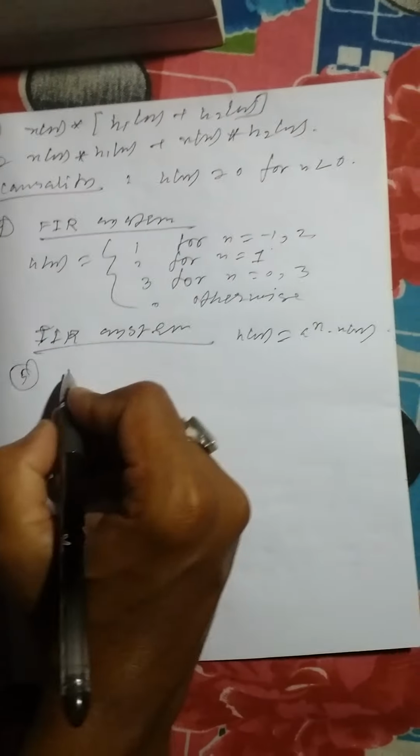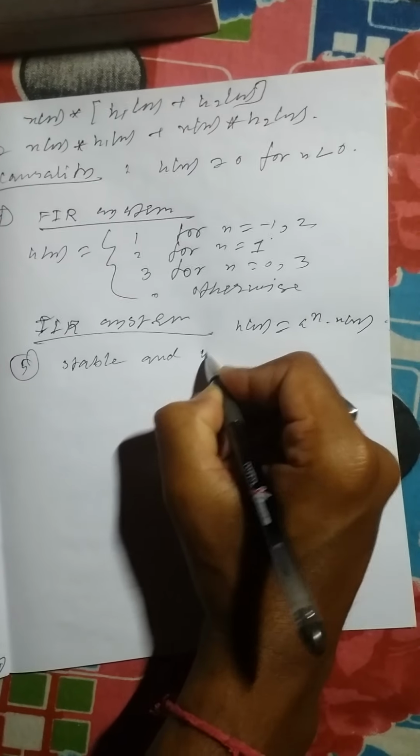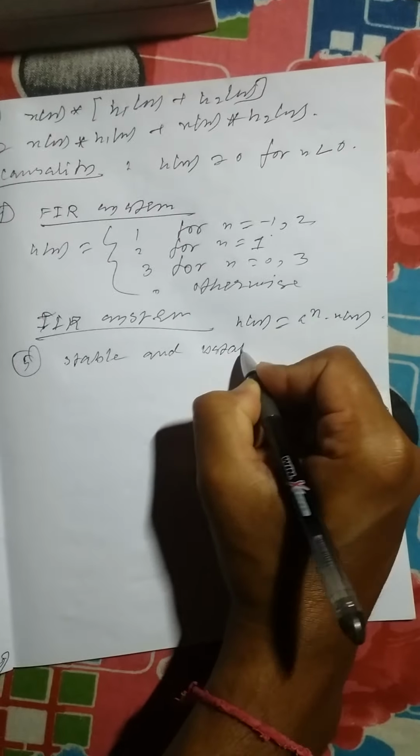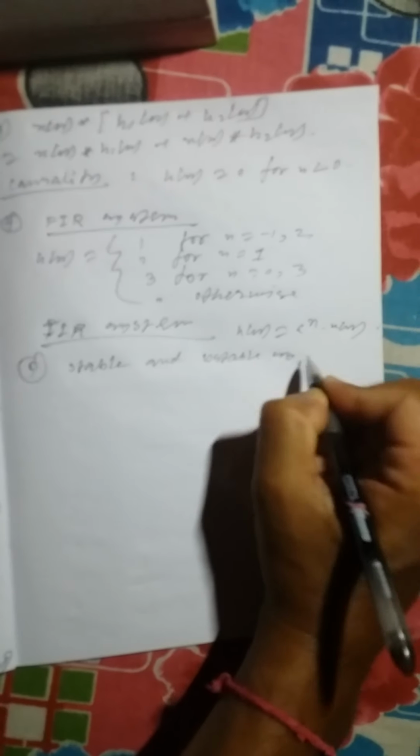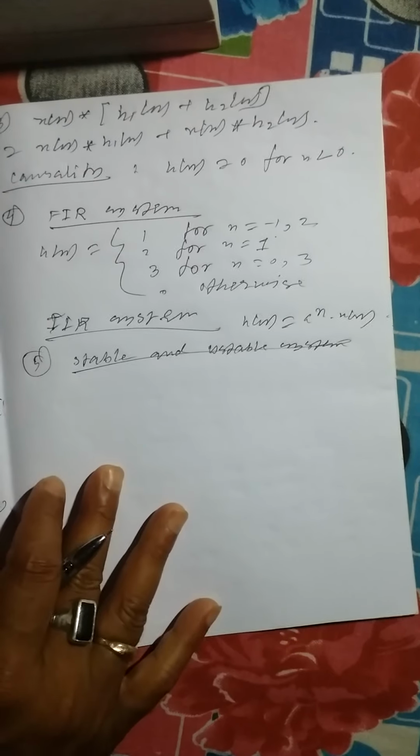Now another classification is stable and unstable systems.